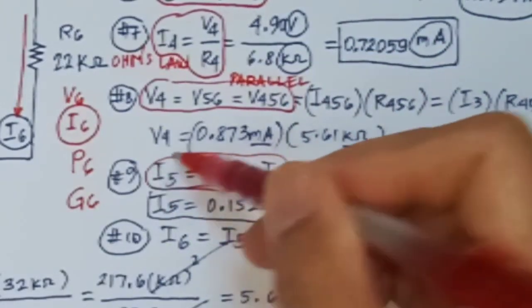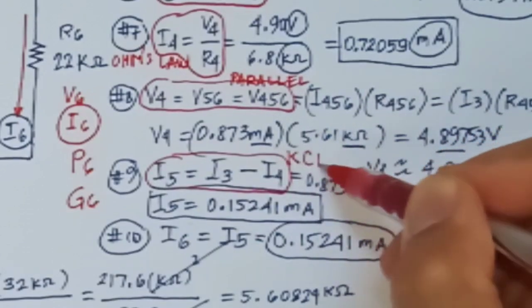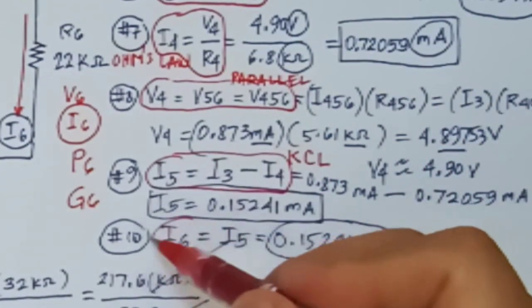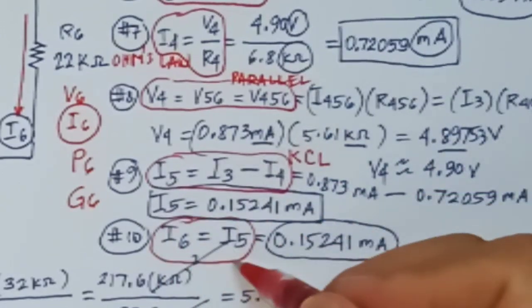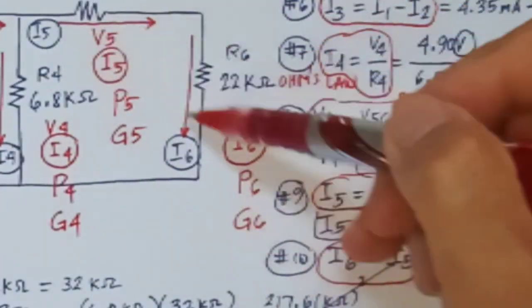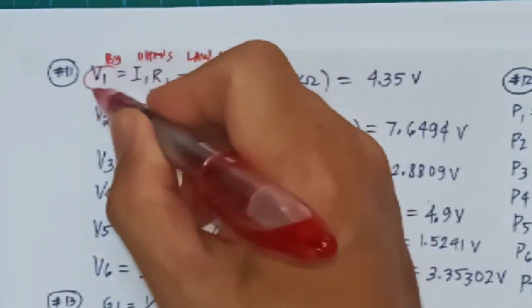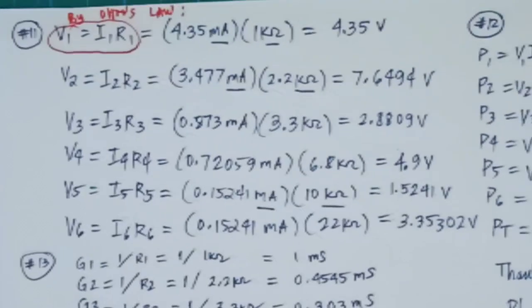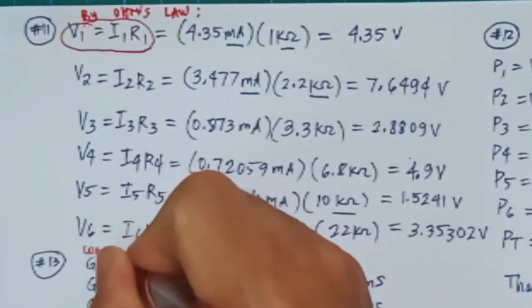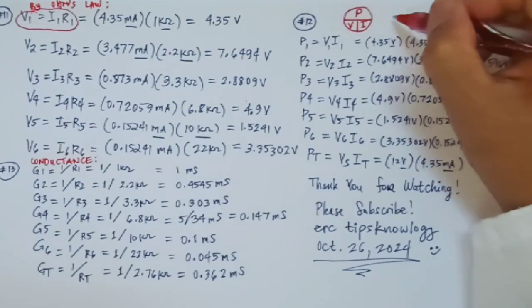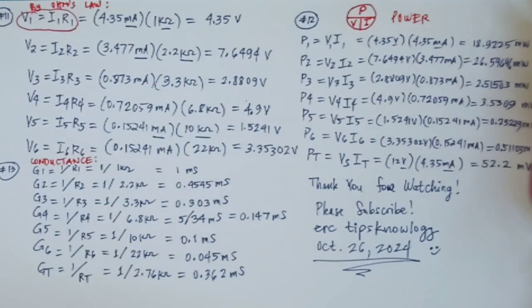And then here we used again the KCL, or Kirchhoff's current law. And here is the rule for series again, because R5 and R6 are in series, so the currents I6 and I5 are equal. Going back here, this is also Ohm's law. And the last calculation we have done is just the reciprocal of the resistors, and that's for the conductance.